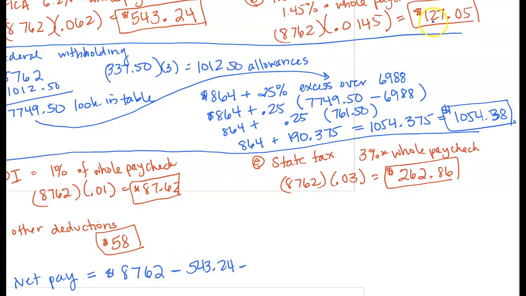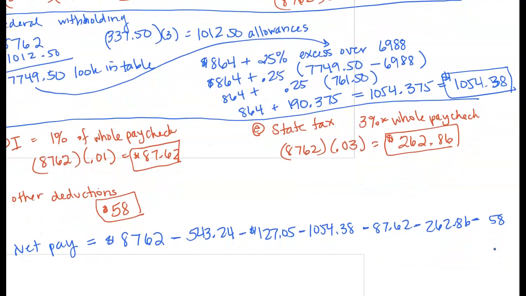Our next tax was $127.05. Our next tax here in blue was $1,054.38. Our next tax was $87.62. Part E was $262.86. And the last deduction was for union dues of $58.